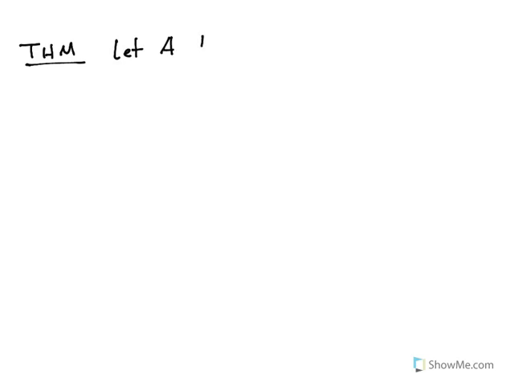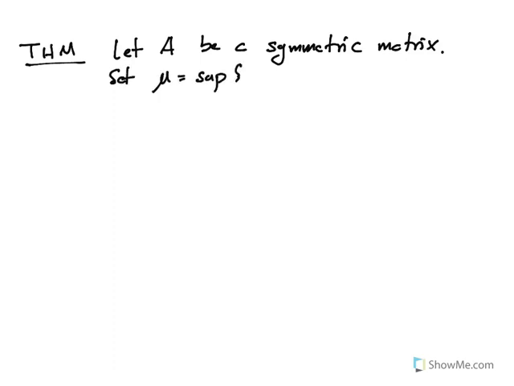So let A be a symmetric matrix and set mu to be the supremum over the set. Let x be a vector, and then I form the inner product between x and Ax. I take absolute values, and I do this for all x that have length 1.